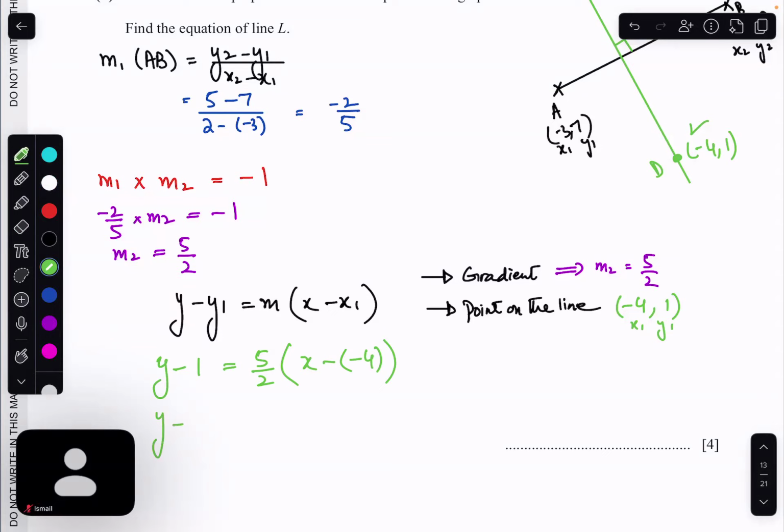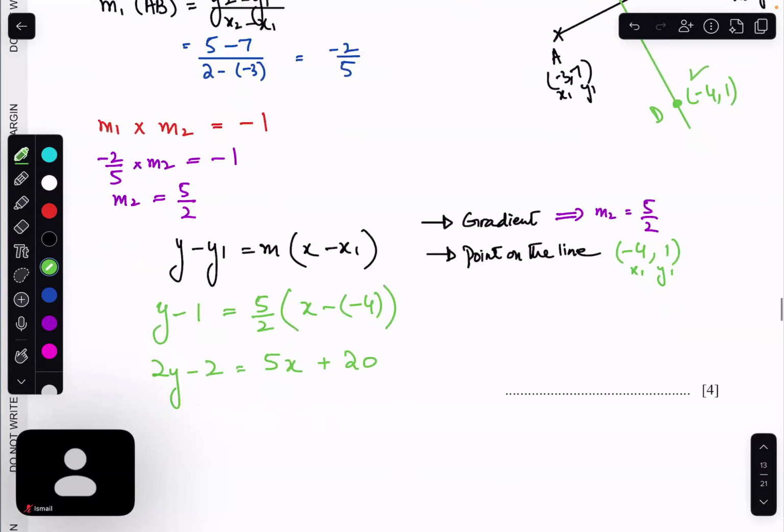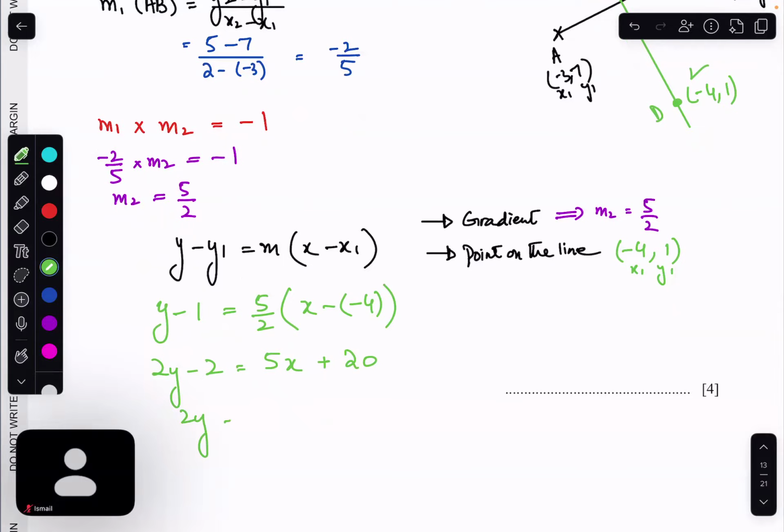So we have y minus 1. Let's multiply it. 2y minus 2 is 5 times x plus 4. So that makes 5 times a positive 4, that is 20. So 2y is equal to 5x plus 22.